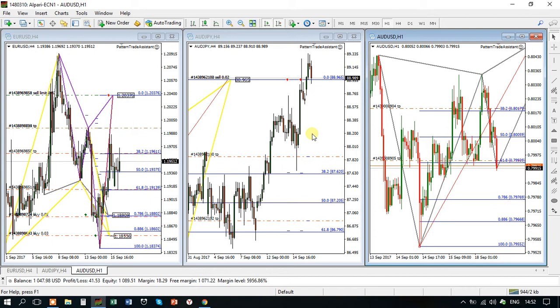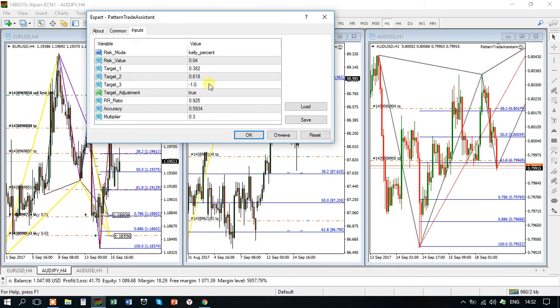So if you trade percentages, it will calculate the percent. If you trade Kelly percent, it will calculate the Kelly. If you trade fixed position, or if you trade money amount, it will also calculate the appropriate position size. So you can set that in settings.